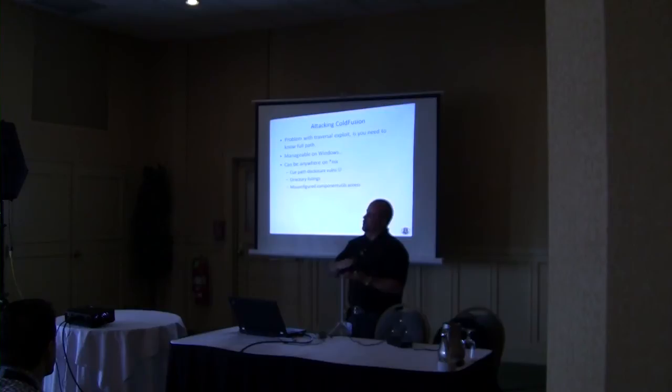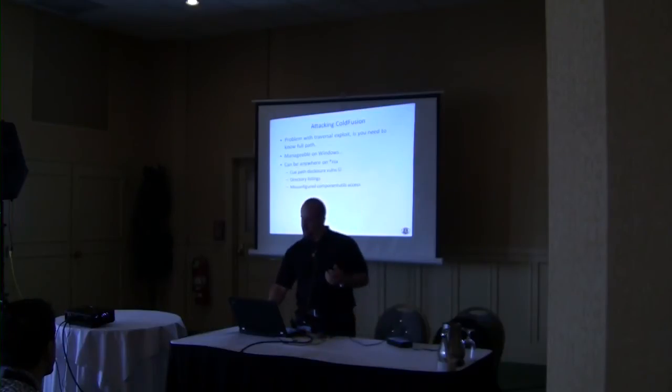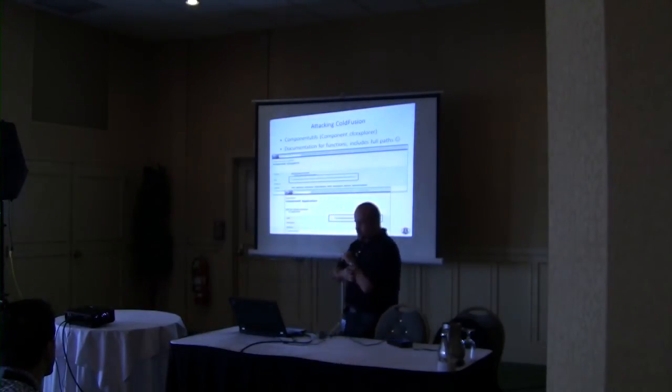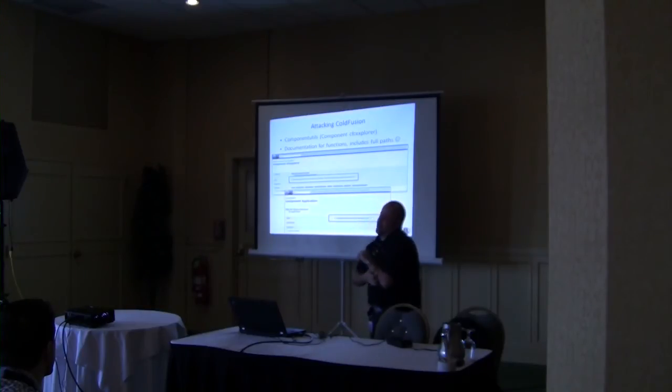If it's misconfigured one way or the other, and they have directory listings, that can help you identify where ColdFusion lives on the box. And then there's also ways to have misconfigured component utils access. So if someone has kind of jacked up directory permissions and allows access to these, you can actually view them via CFC Explorer.